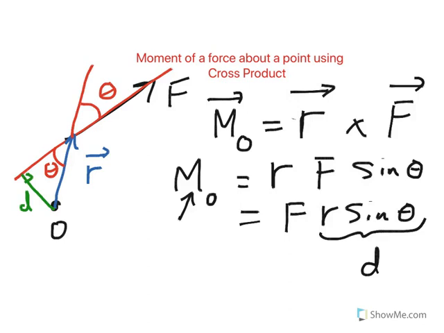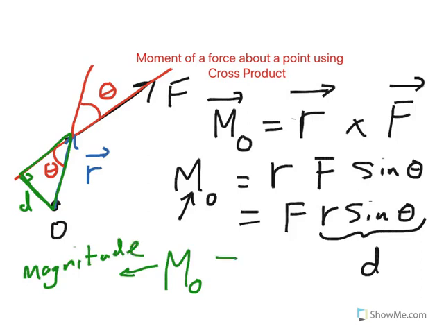So remember, R is the hypotenuse in this triangle here, right? And D happens to be the opposite to that angle. So I just proved to you that the magnitude of this moment is F times D, which is the way it should be.